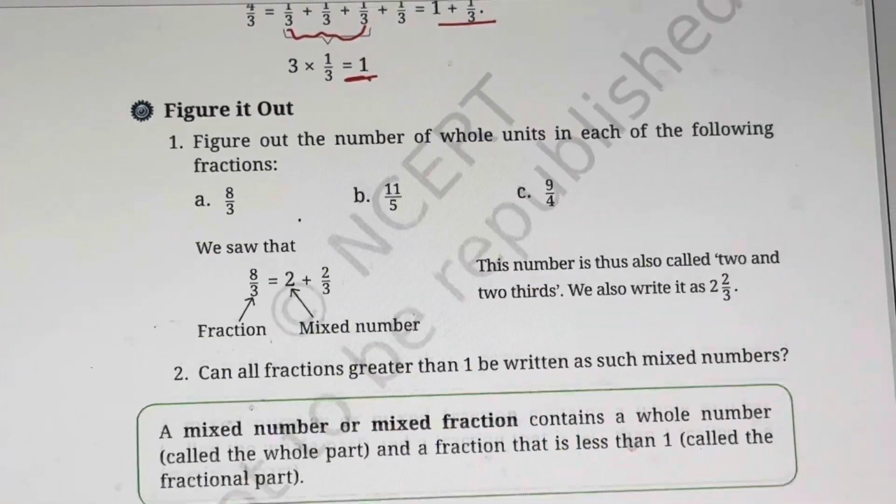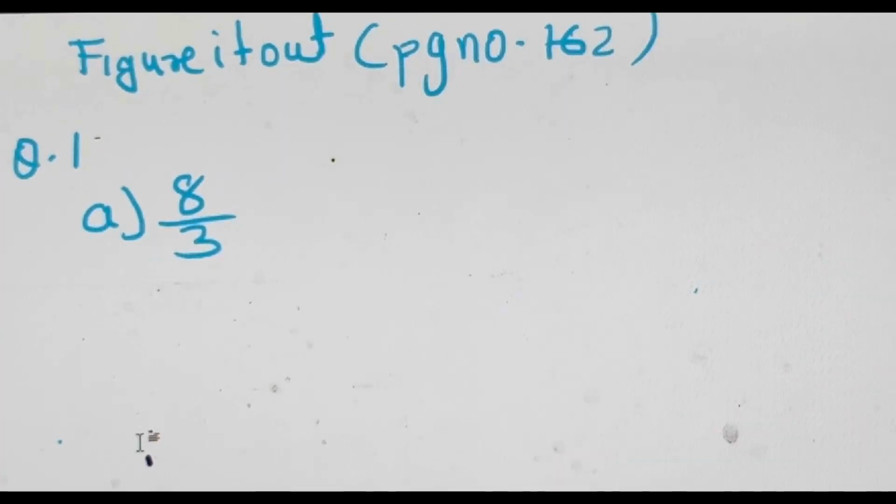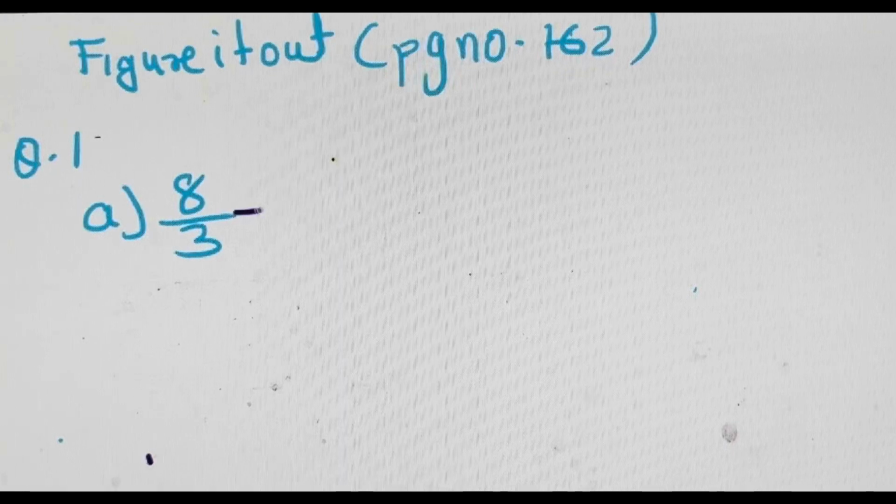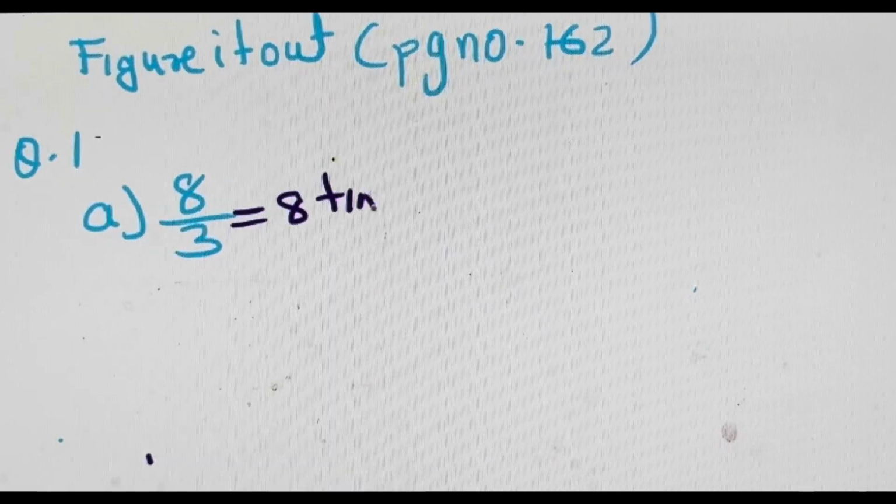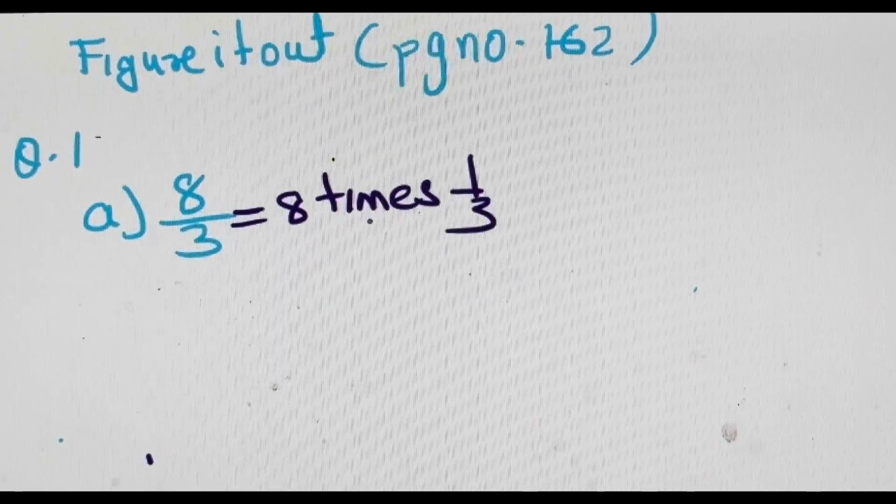Now figure it out. Let us solve the first question. Figure out the number of whole units in each of the following fractions. 8 upon 3 is given. 8 upon 3 means 8 times 1 upon 3.